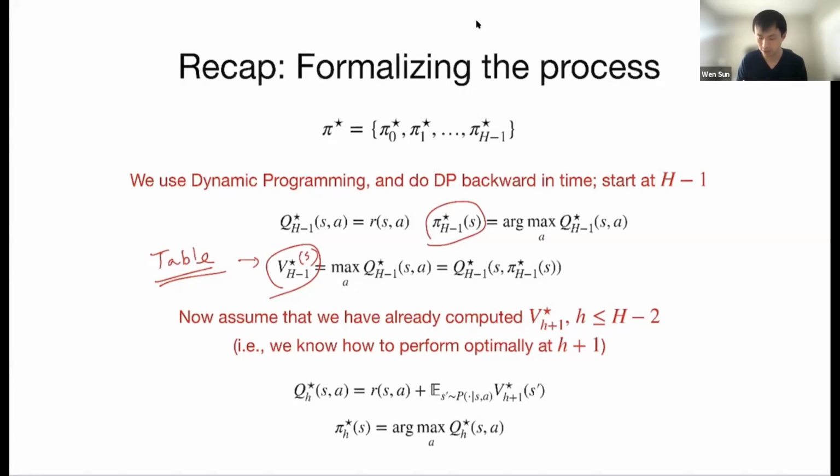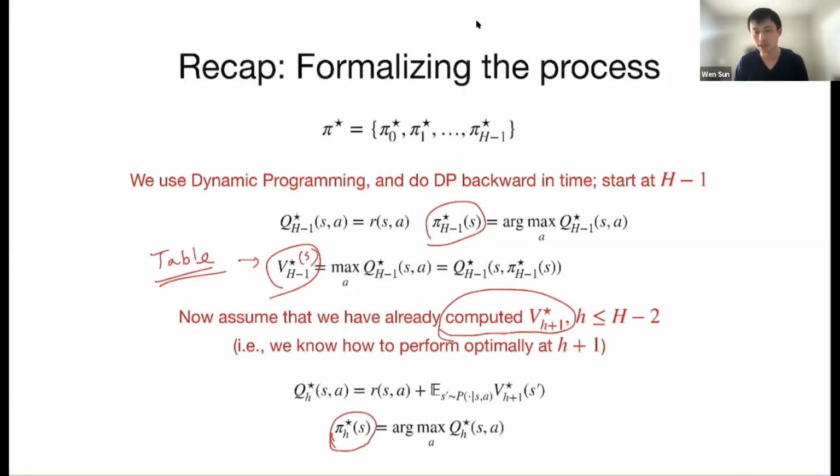Imagine that I've already computed V star H plus 1, and let's use the inductive hypothesis that, starting from H plus 1, I know how to behave optimally. Now we should convince ourselves that this policy is optimal at the current time step.